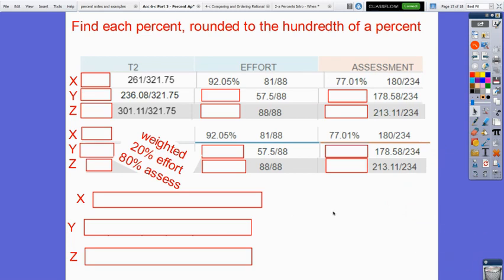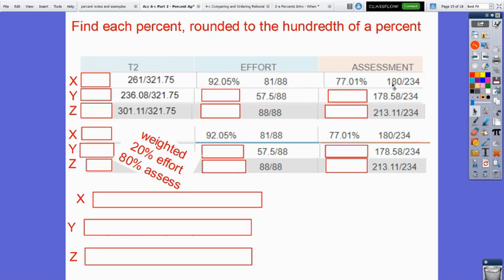Now the thing that tipped me off here was over here for the trimester 2 final grade, it had the total points here: 261 total points out of 321.75. One of these is rounded off. And that's not what's supposed to happen, because that doesn't weight these.